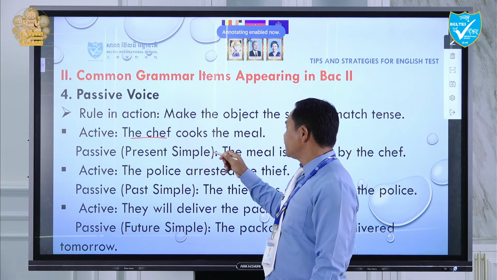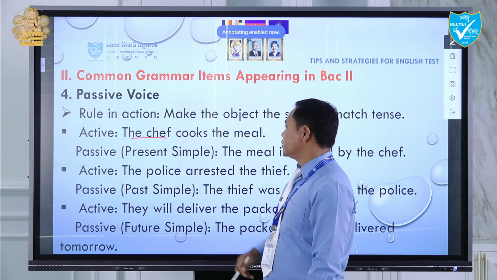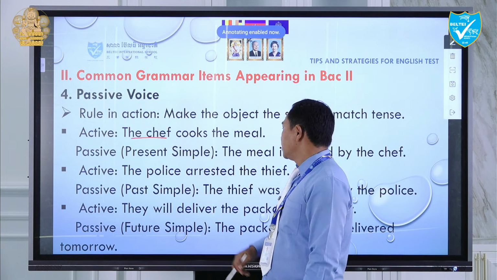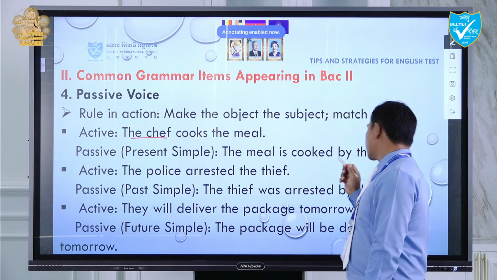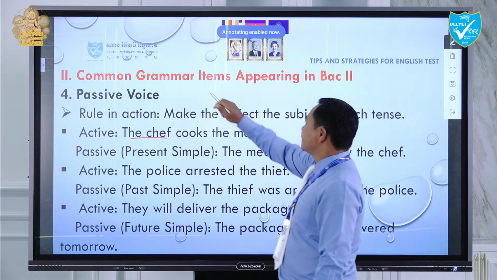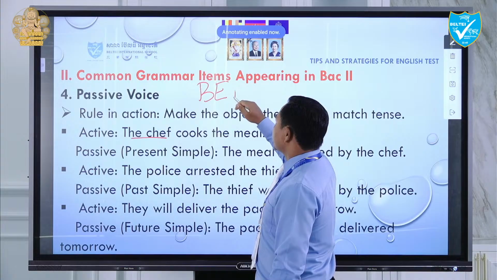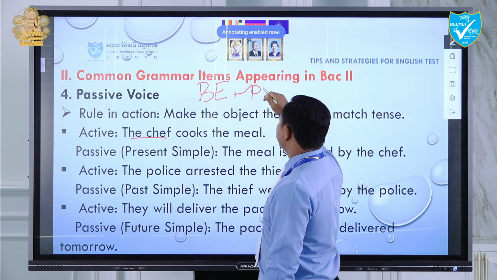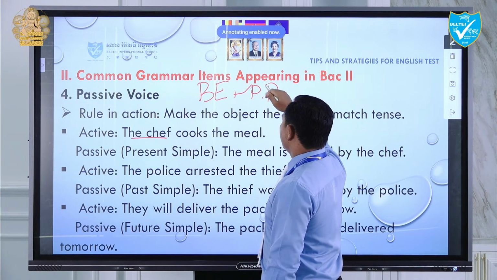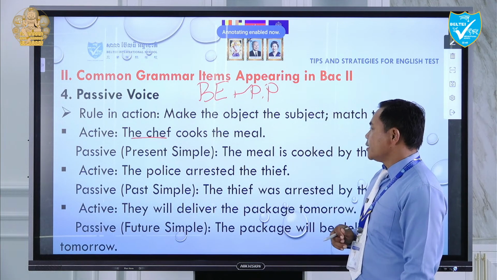In passive, present simple passive: the meal is cooked by the chef. You already know about passive. It is formed with be plus past participle, or verb 3.